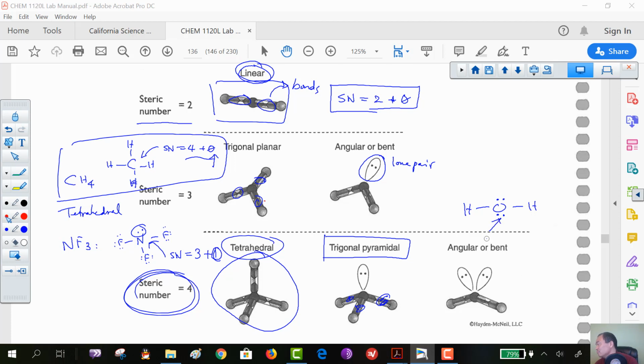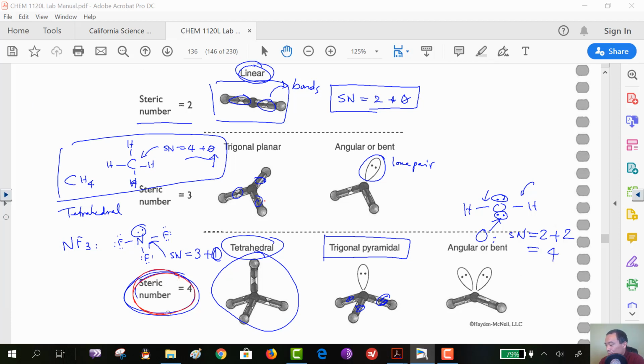First, for the center atom, this oxygen, SN would be 2 single bonds, as you see, 1 here, 2, plus 2 lone pairs, as you see over here. So it's 2 plus 2. This gives you 4. You refer to this page. SN is 4, but only 2 bonds and 2 lone pairs over here.